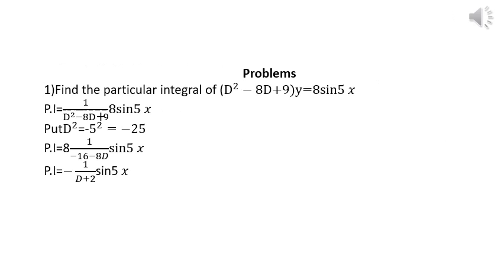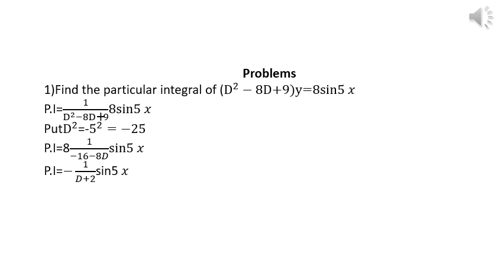Particular integral equal to: take the left hand side d square minus 8d plus 9 to the other side, that becomes 1 over d square minus 8d plus 9. On the right hand side we have 8 into sin 5x.